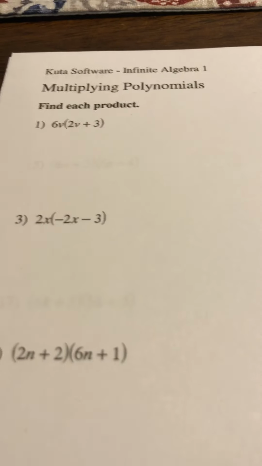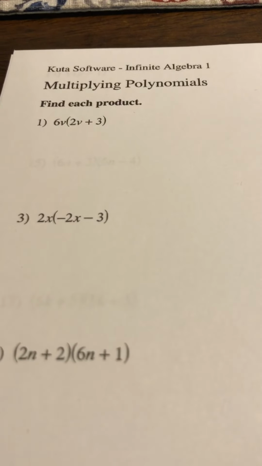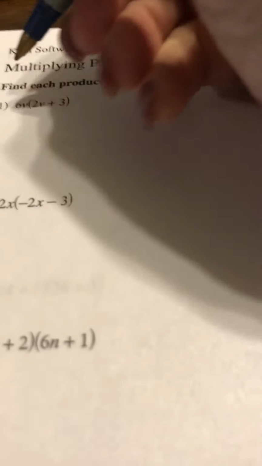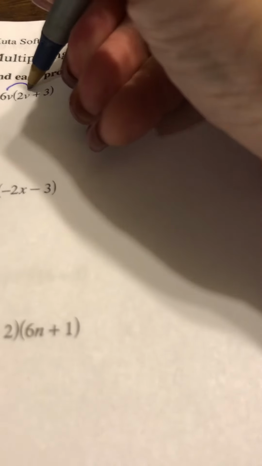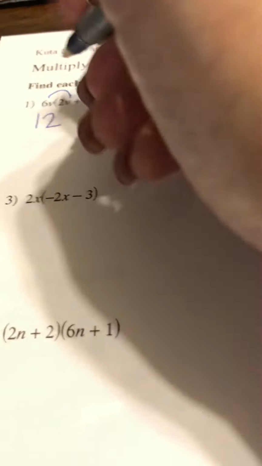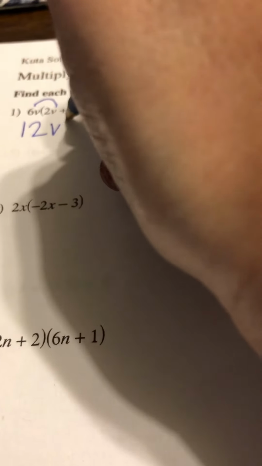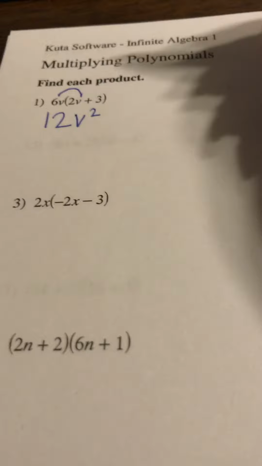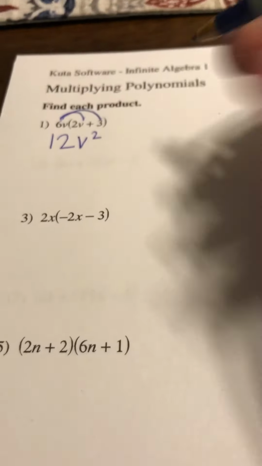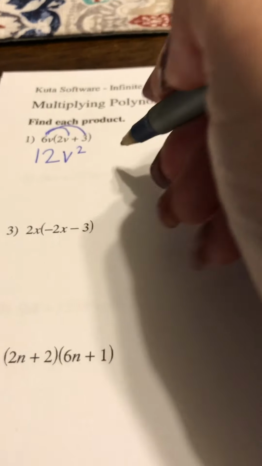So for example, in number 1, I'm multiplying 6v times the quantity 2v plus 3. I'm going to do 6v times 2v. Well, 6 times 2 is going to give me 12. V times v is going to give me v squared. And then I'm going to come back and do 6v times that 3, and I'm going to get plus 18v.